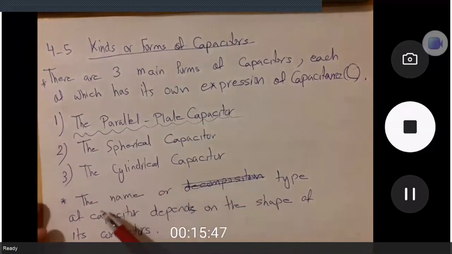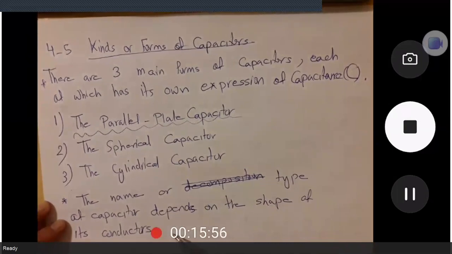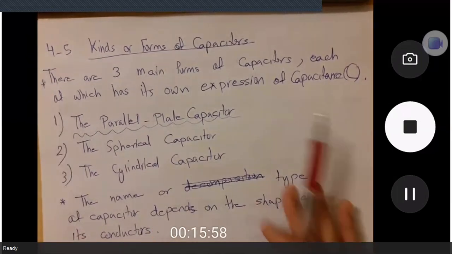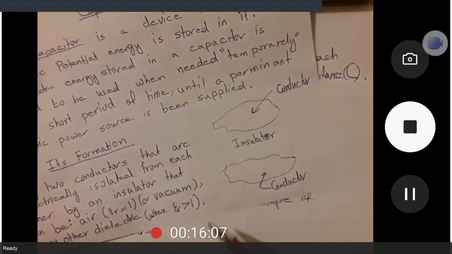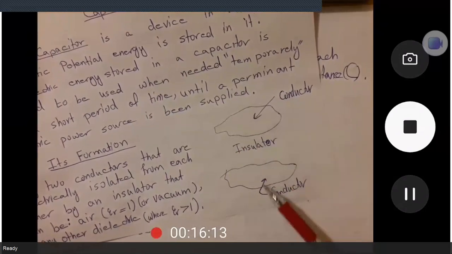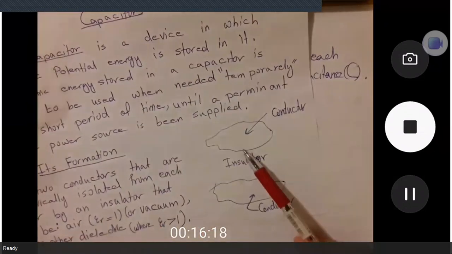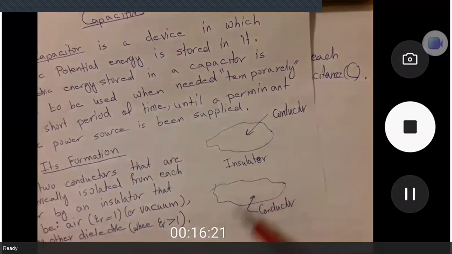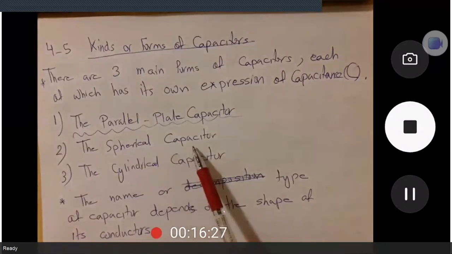We notice, ladies and gentlemen, that the name or type of the capacitor depends on the shape of its conductors. The shape of the capacitor can be any shape. Depending on the shape, if this is a plate and this is a plate, and they are parallel to each other, I get the parallel plate capacitor. If the conductors are spherical and separated from each other by an insulator, then it is a spherical capacitor.